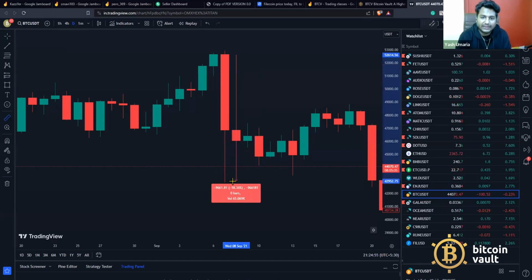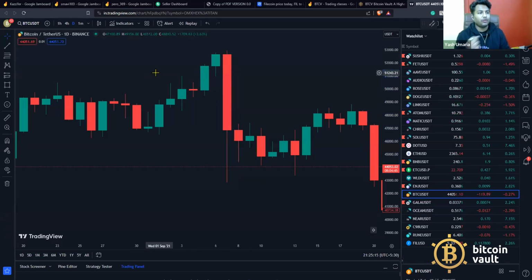Okay, that's an 18% downward movement. That means here there are a huge number of sellers, and they wanted to sell their Bitcoin as soon as possible.